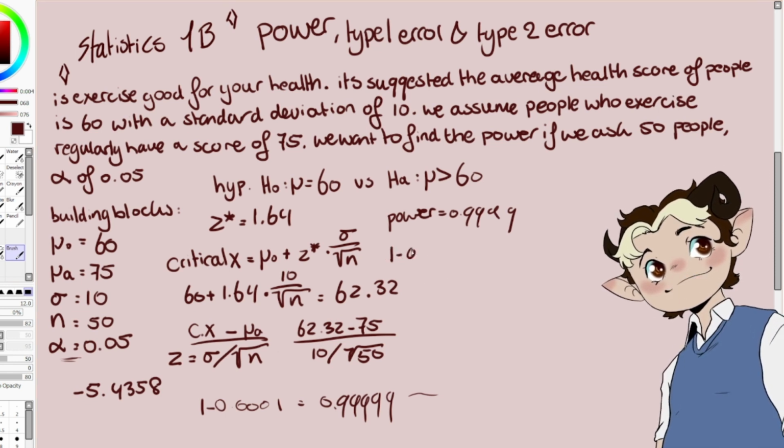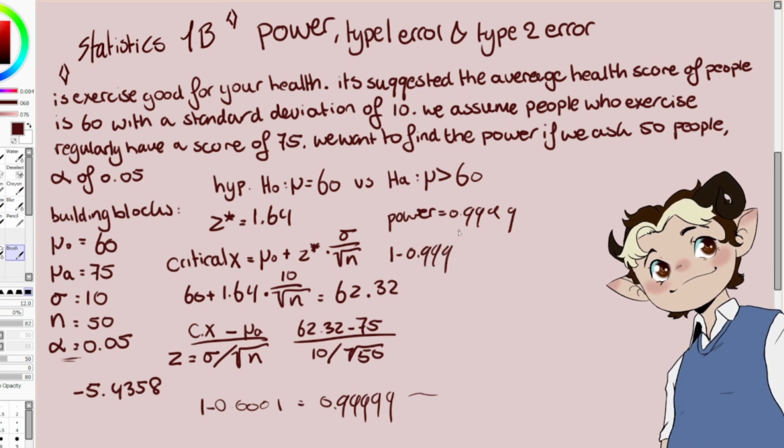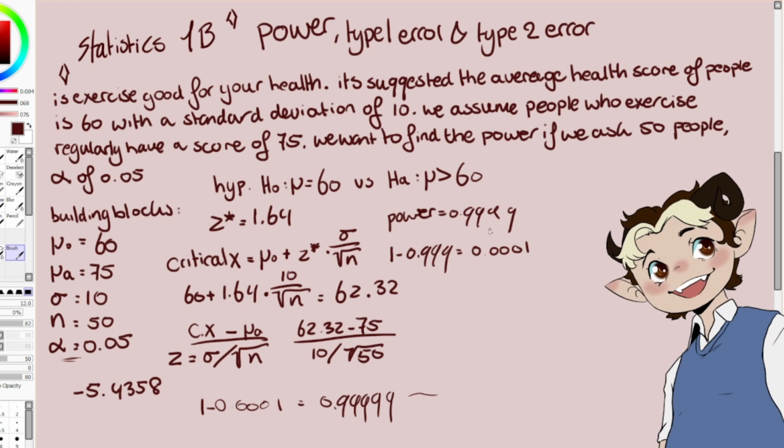Now, how do we get our type 2 error? It's 1 minus 0.99999, which is very small. Once again, very small. So that is what we want to see.